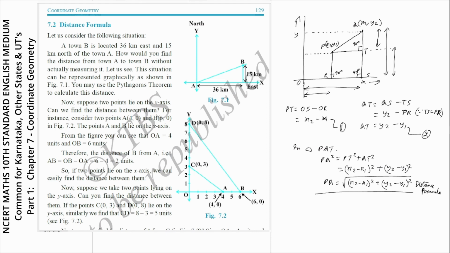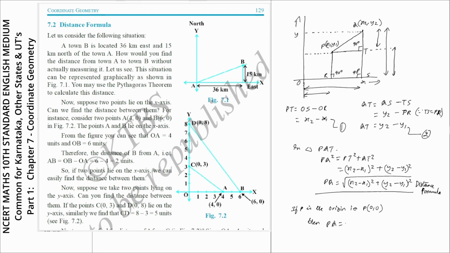So distance formula is simply nothing but the distance between 2 points on an xy plane. What are those 2 points here? P and Q. Suppose P is the origin, that is, if coordinates of P is 0, 0, then what will become PQ?